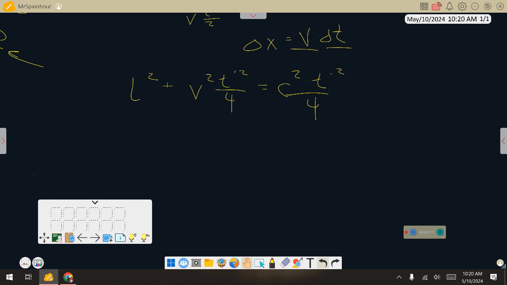What would you do here to simplify first? No, you can't. I mean, you sort of can, but it makes it messier. I think you're trying to get what? We're trying to get 2L over c. Eventually, you want to isolate just the t prime, because that's the new time.